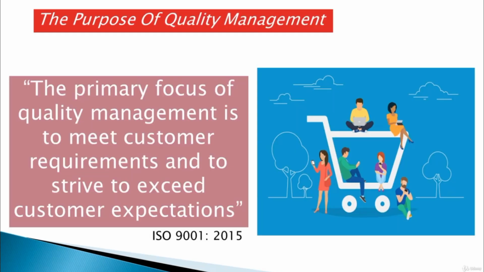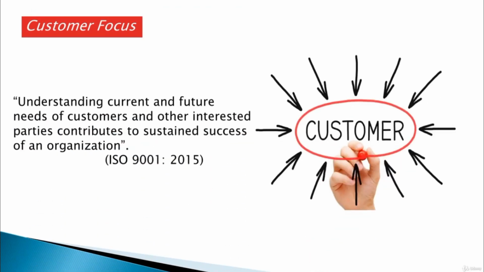So let's start off with the first quality management principle, which is customer focus. Now, we've already said that the primary focus of quality management is to meet customer requirements and to strive to exceed customer expectations. And this is, of course, according to ISO 9001. You can see how important the customer is.